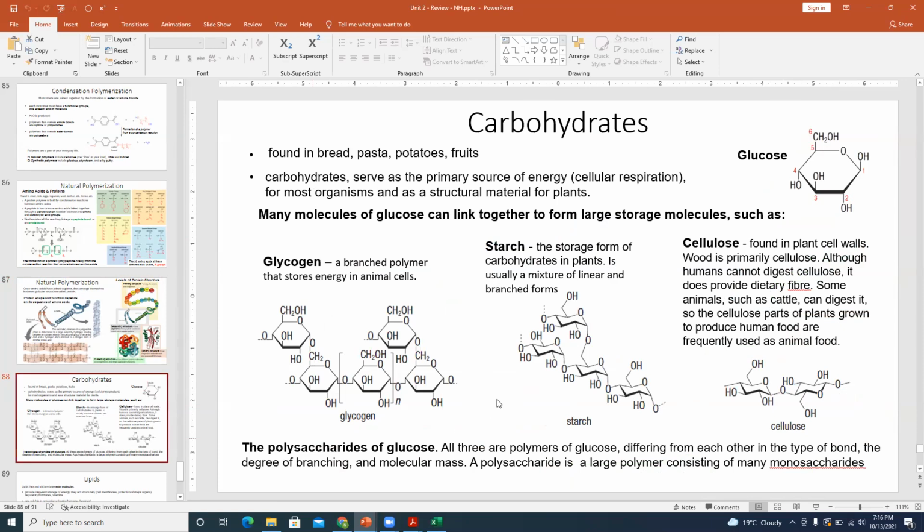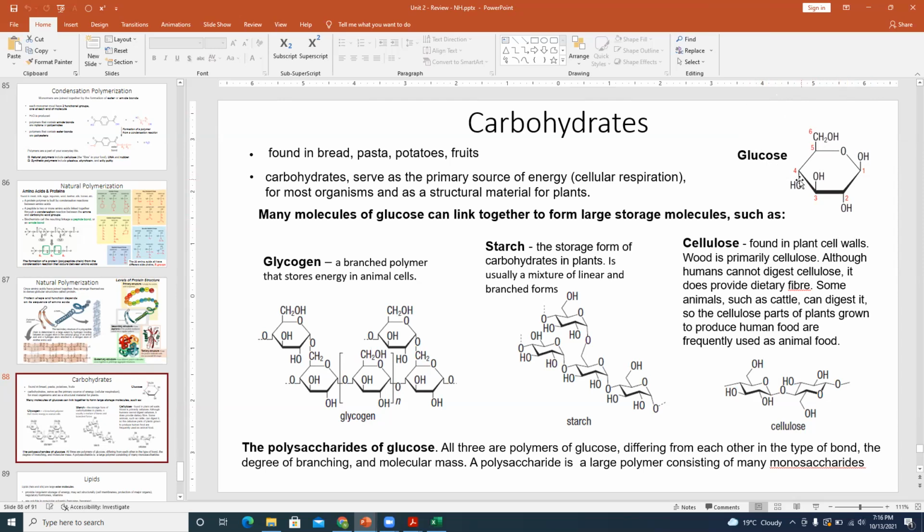Here we have a single molecule of glucose, and you can link many of these glucose molecules together to form a large polymer that will act as a good storage molecule for energy.